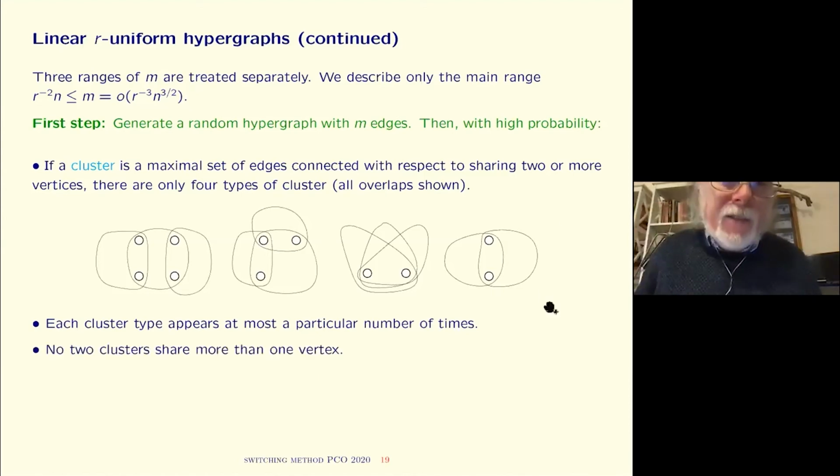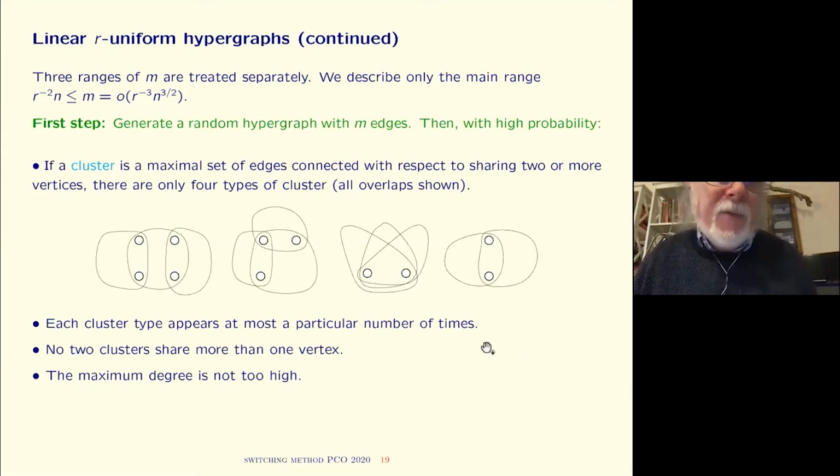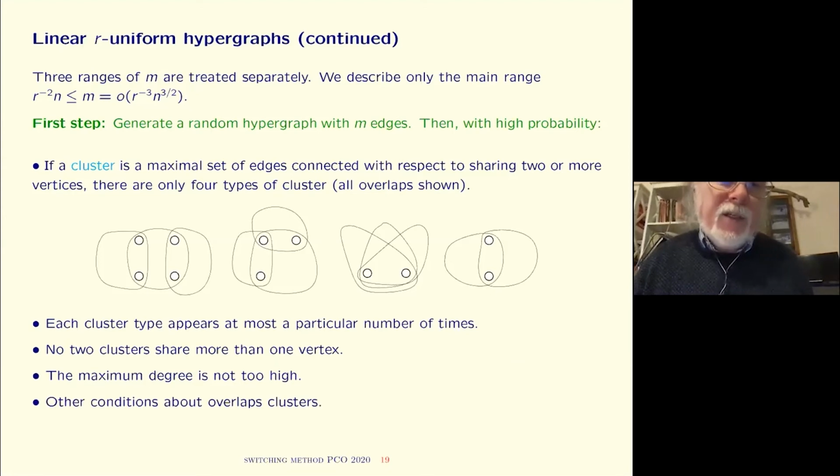No 2 clusters share more than 1 vertex. The maximum degree of the hypergraph is not very large. I won't tell you how big. And some other conditions about overlapping of clusters that are too technical to write on the slide. So we've got a whole lot of properties.